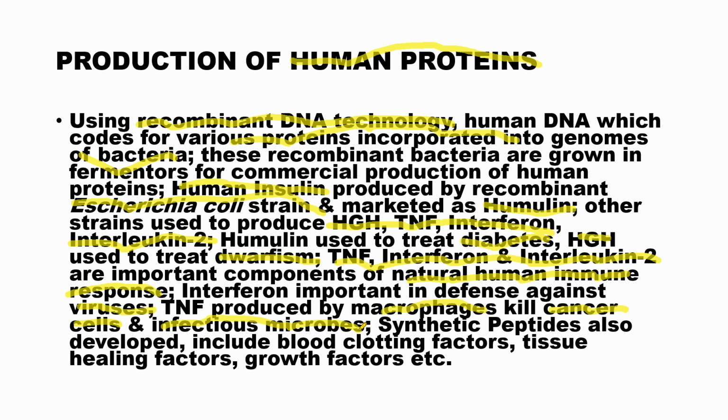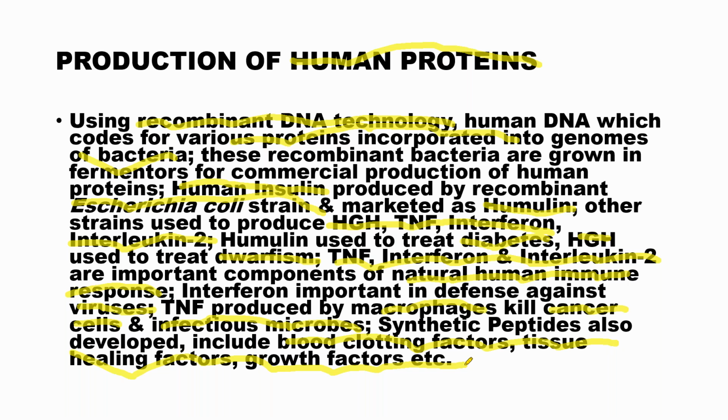Fine. Now, synthetic peptides are also developed, including blood clotting factors, then tissue healing factors, growth factors, etc. So, by means of recombinant DNA technology, it is possible to produce recombinant human proteins using bacterial strains such as E. coli with added advantages, added functions, or high efficiency.